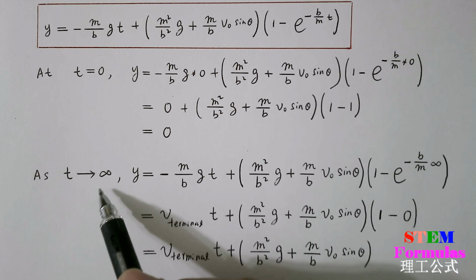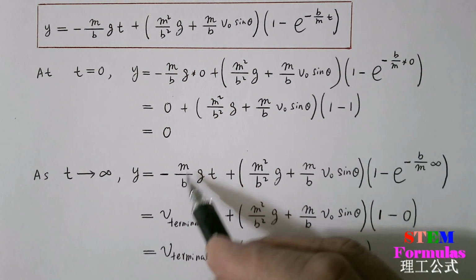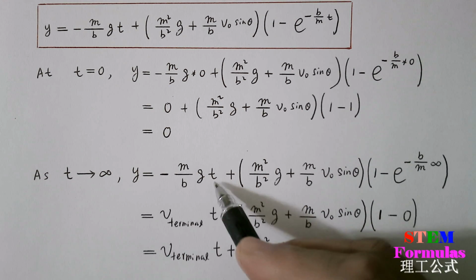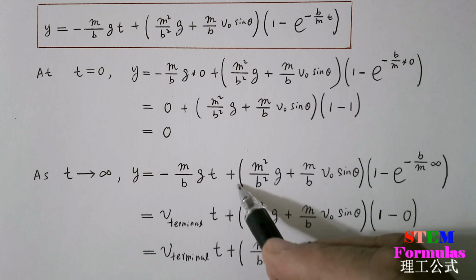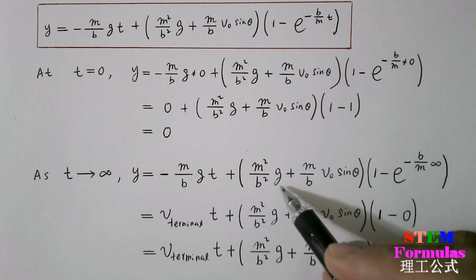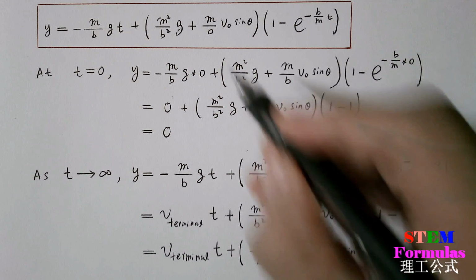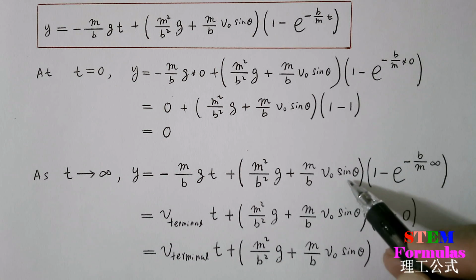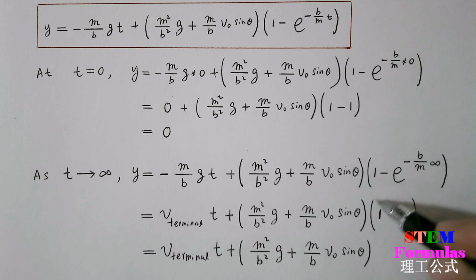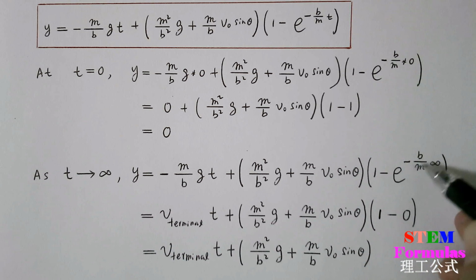As t approaches infinity, y equals minus m divided by b times g times t plus m square divided by b square times g plus m divided by b times v0 times sine theta, times 1 minus e to the power minus b divided by m times infinity.